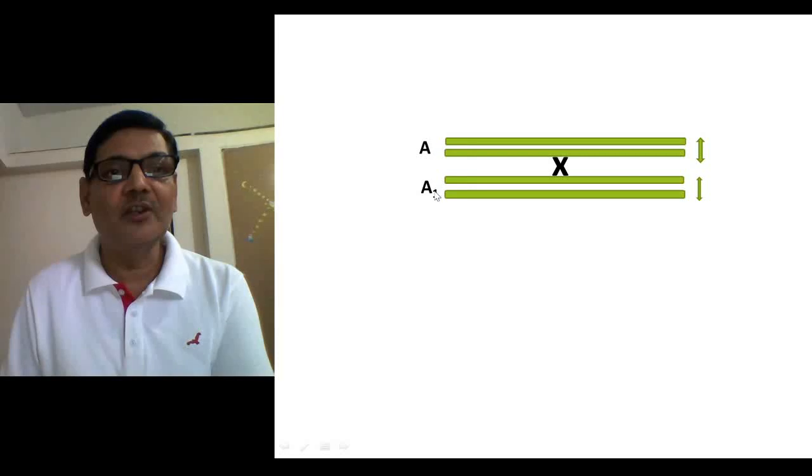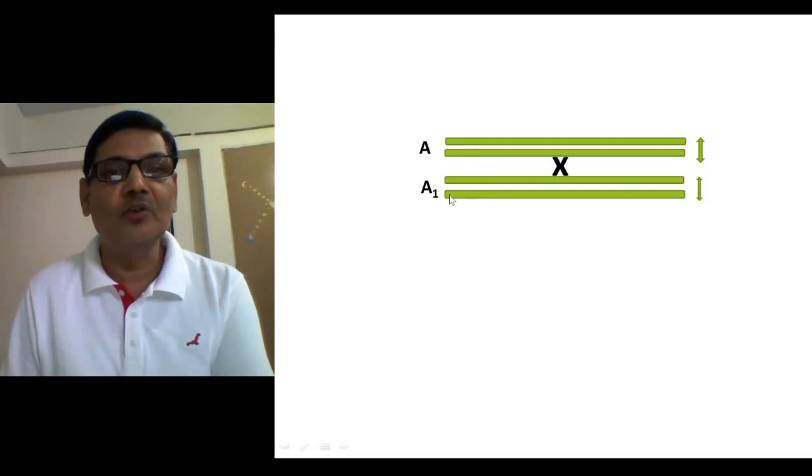So A and A1 are two homologous chromosomes, and each one is represented by its sister chromatids. Crossing over occurs between the non-sister chromatids, meaning one of the chromatids of A and one of the chromatids of A1. So crossing over occurs between non-sister chromatids of homologous chromosomes.